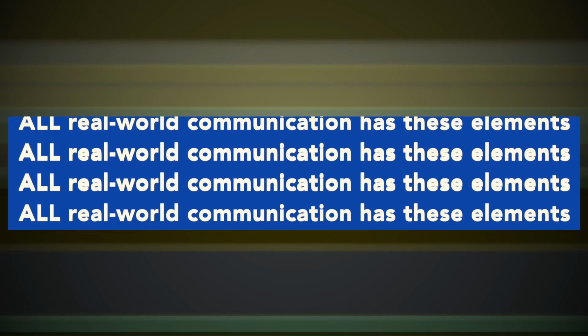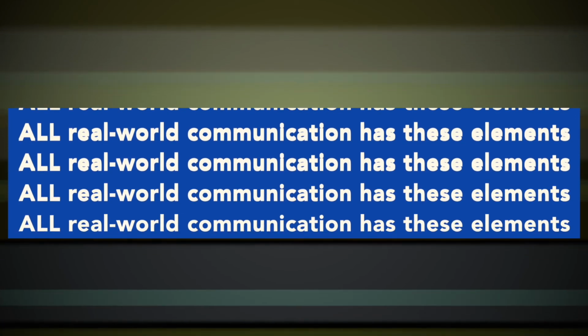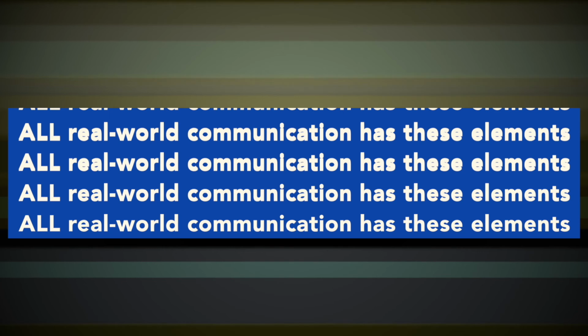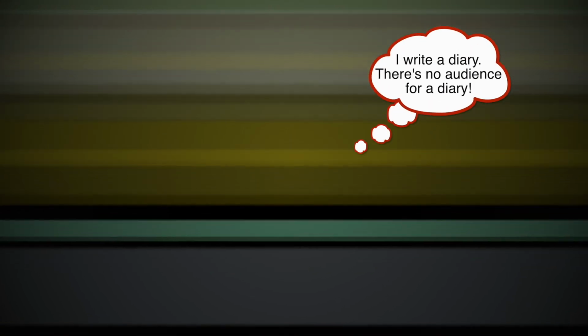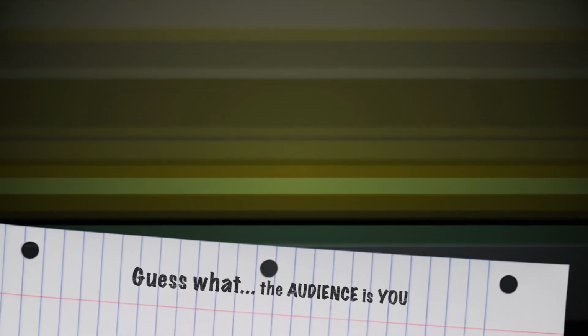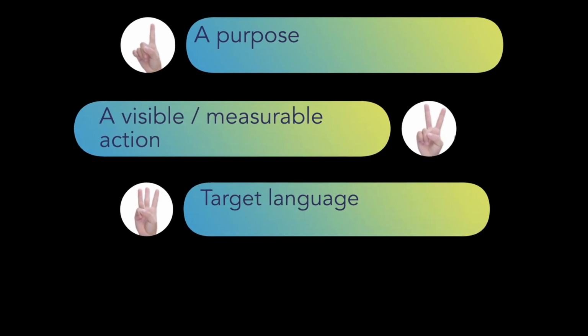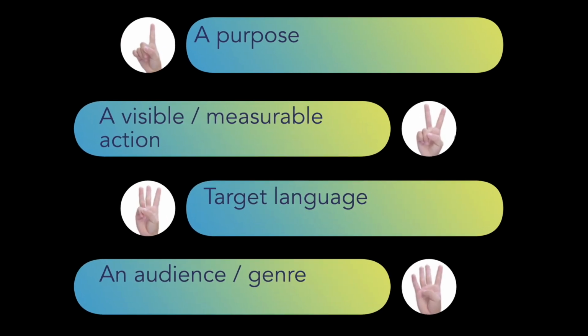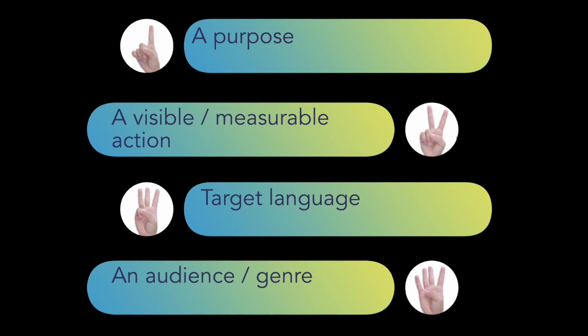Well, every other real-world communication interaction has those other elements. And even if you're thinking, hey, I write a diary, there's no audience for a diary, guess what? The audience is you. Therefore, if we're going to teach good communicative English, we need those other elements.